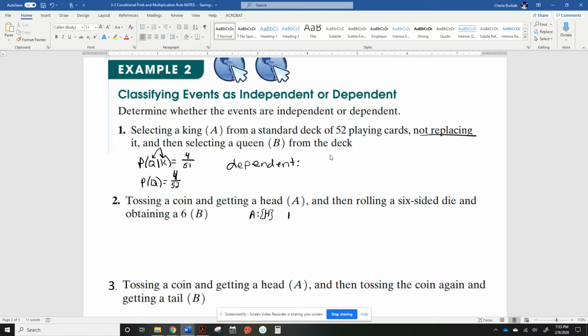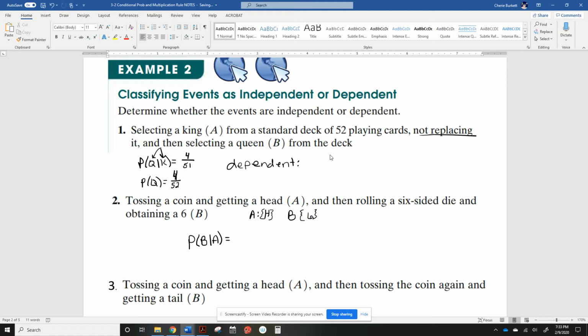So event B is that we roll a die and we get a six. That's the two things in the sample space. And what they want us to find is the probability of the second thing given that the first thing has happened. Well, does tossing this coin affect the rolling of that die?